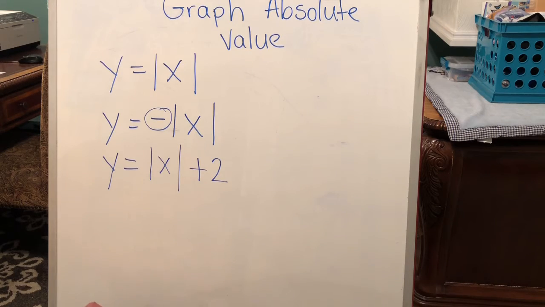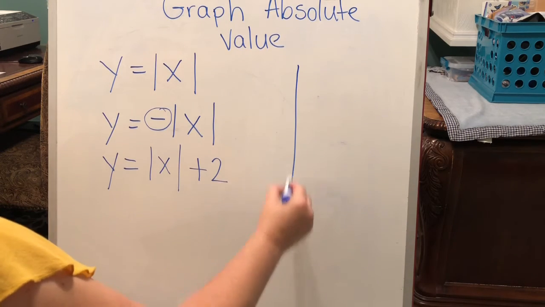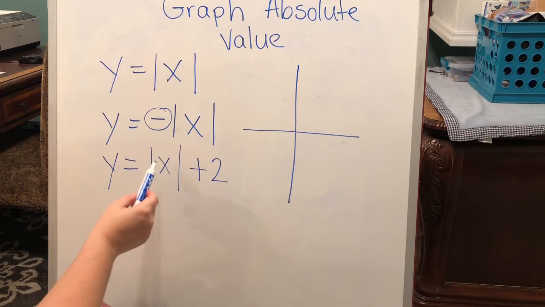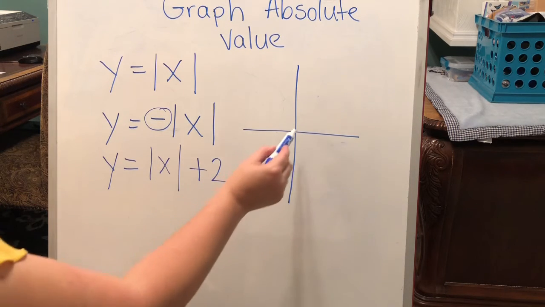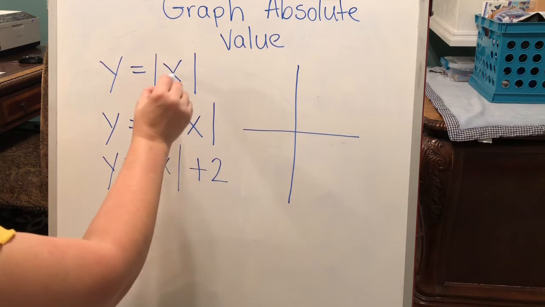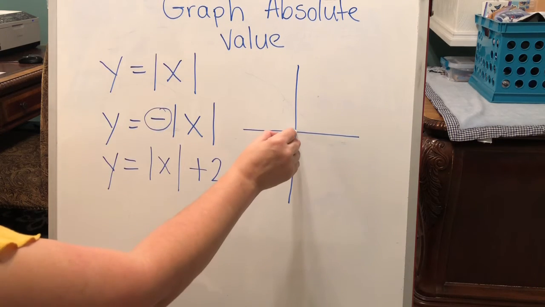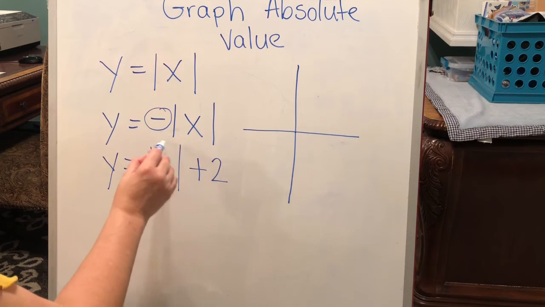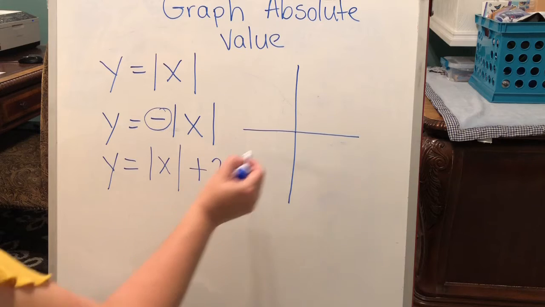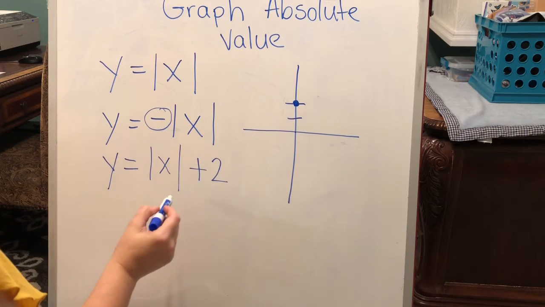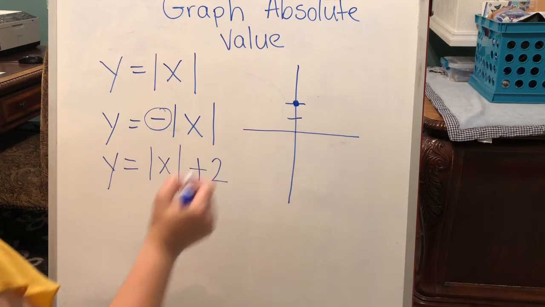Okay, now if you remember, when x is 0 now, instead of y being 0, like in this case, 0, 0 at the origin, when x is 0, y is going to be 2. So y starts at 2 instead of starting at 0.